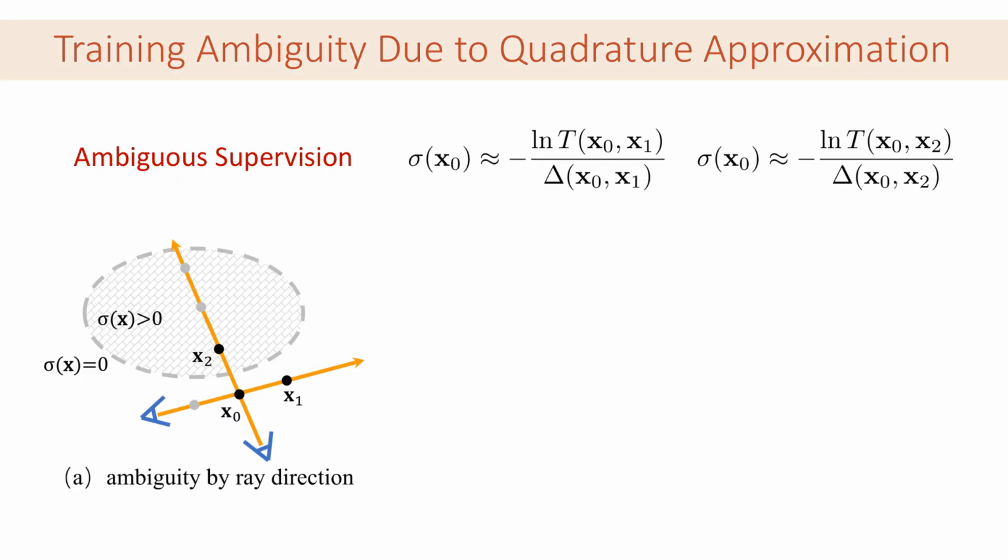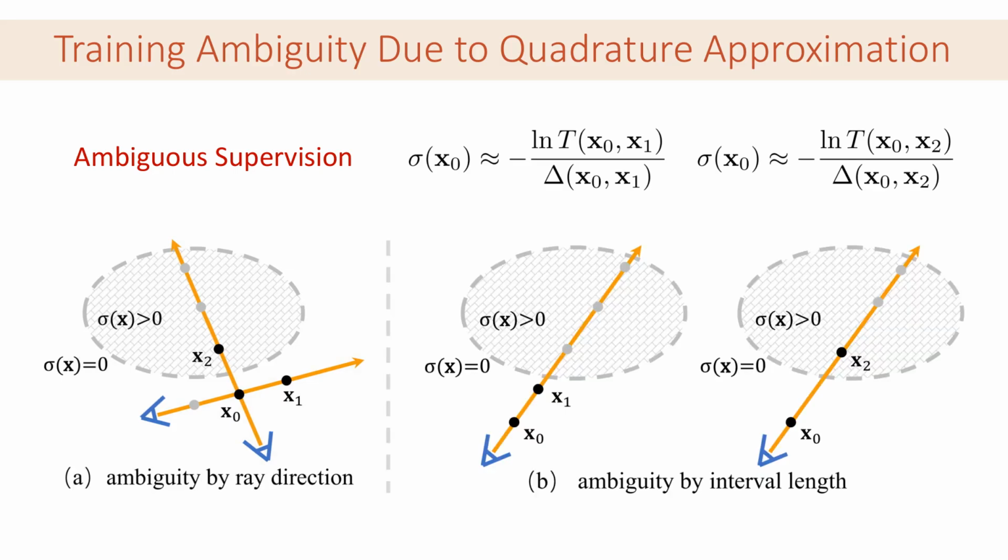The density inside the object is greater than 0, while the density outside the object equals 0. The transmittance of segment x0, x1 is 1, driving the gradient to reduce the density at x0 to 0. However, the transmittance of segment x0, x2 is less than 1, thus pushing the gradient to increase the density prediction at x0.